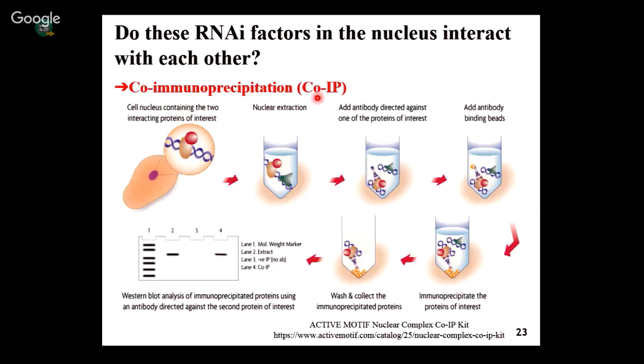First, we get a nuclear extract from the nuclei with our protein of interest inside. Then we use the first antibody to do immunoprecipitation to pull down the protein, and then use the second antibody to do Western blot analysis, so we can know whether these proteins interact with each other.